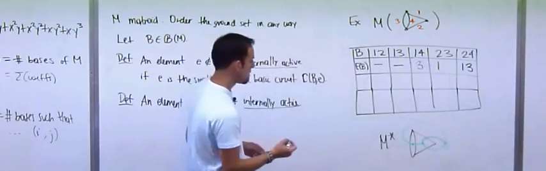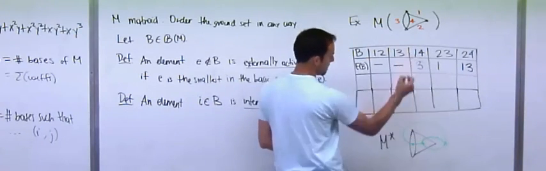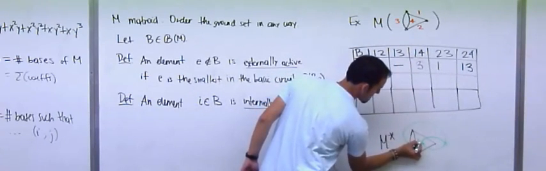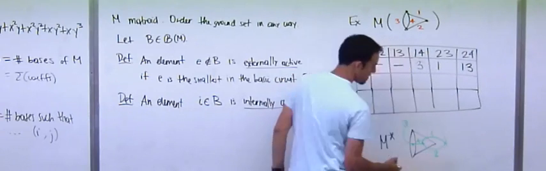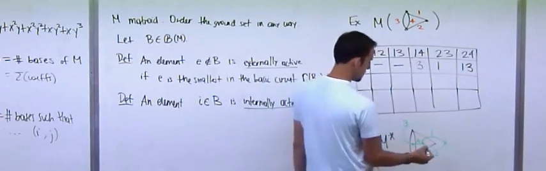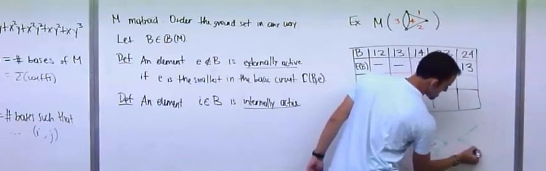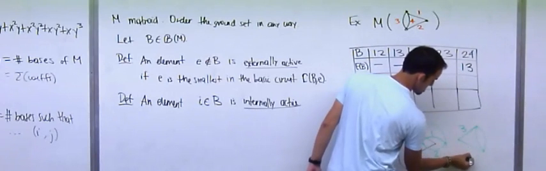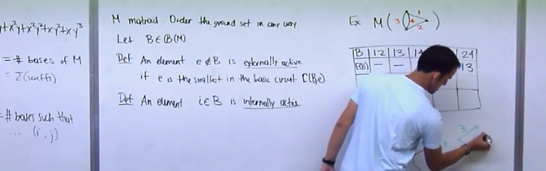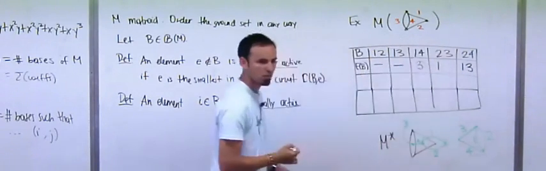Okay. And what are the labels? Well, this is 4, this is 3, this is 1, and this is 2. So the dual guy looks like this. That's the dual.